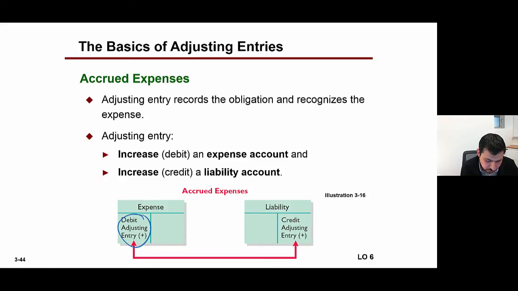Remember, we debit the expense to increase it, and we credit the liability to increase it, because the liability, in this case, interest payable, and the interest expense were both not recorded before the adjusting entry, and as a result, they were both understated. We needed to increase them, so we debit the expense account, and we credit the liability account.